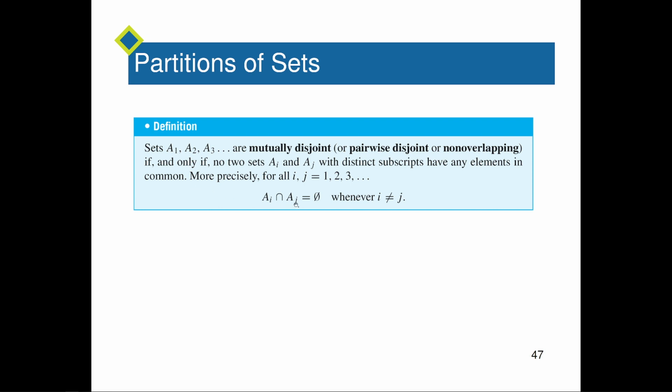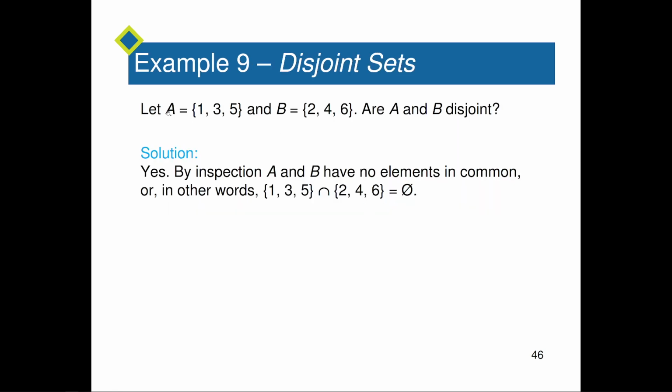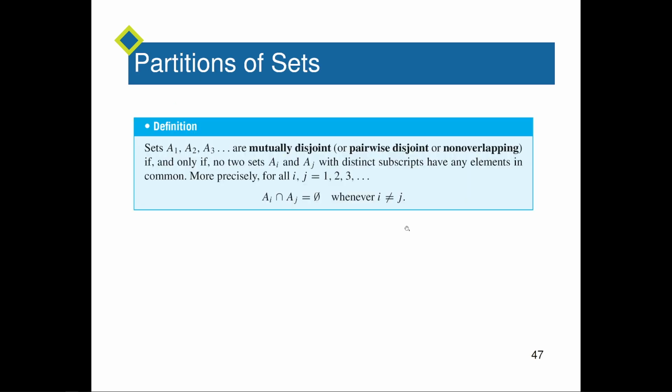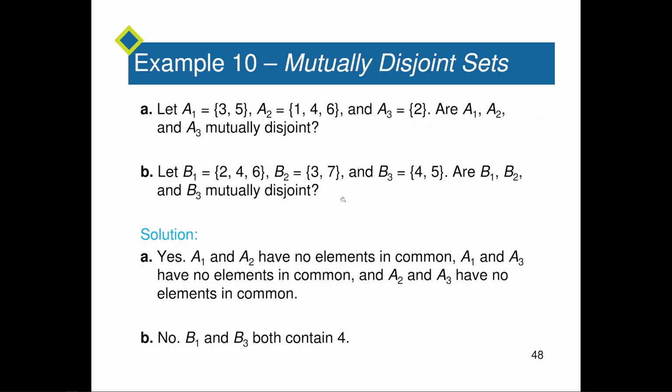So Ai intersect Aj will be equal to the empty set whenever i is not equal to j. Suppose that this was A1 and this was A2, then this would be an example of that, because this would be like Ai and Aj. They are different, they have no elements in common, and they are equal to the empty set. Here are some examples of mutually disjoint sets.